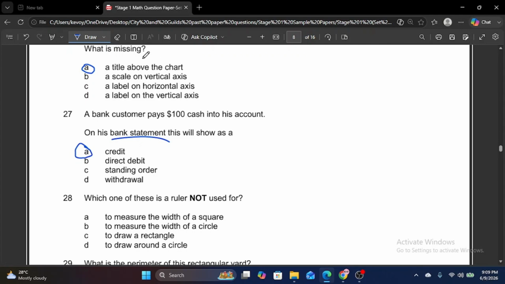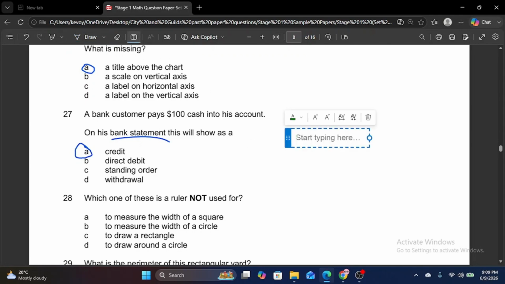Alright, so on your bank statement, let me write it right there. When you have a bank statement, when money enters your account, that's debit.